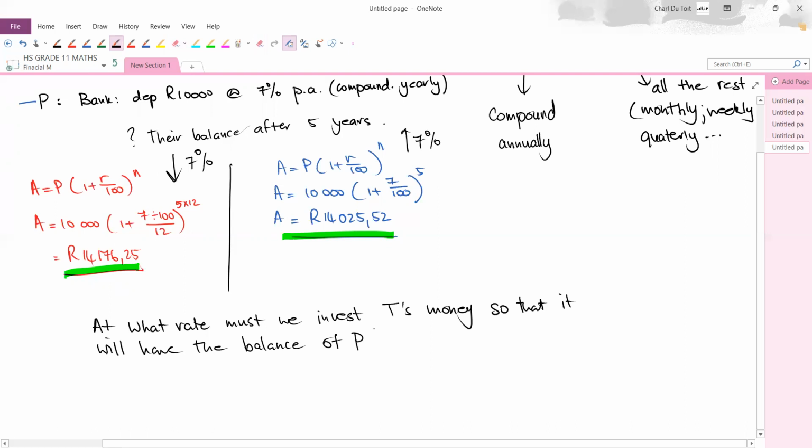So I would say that 7% per annum compounded monthly must decrease, because the amount that we have at the moment is too high. I want to get exactly that blue amount. So I must decrease the percentage.